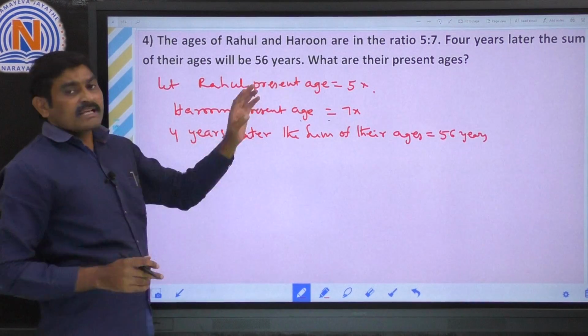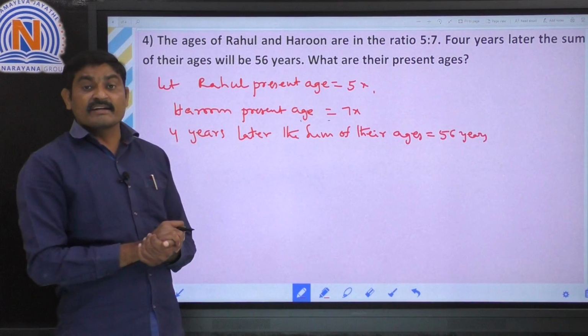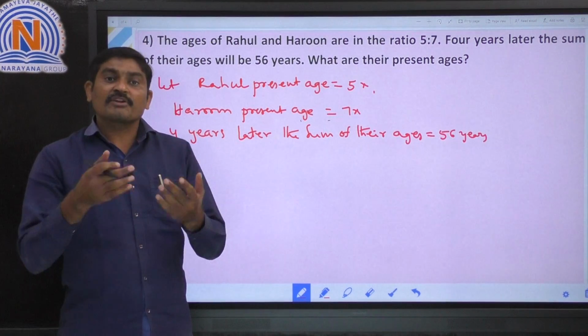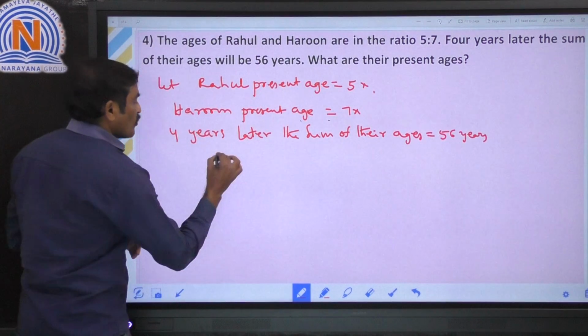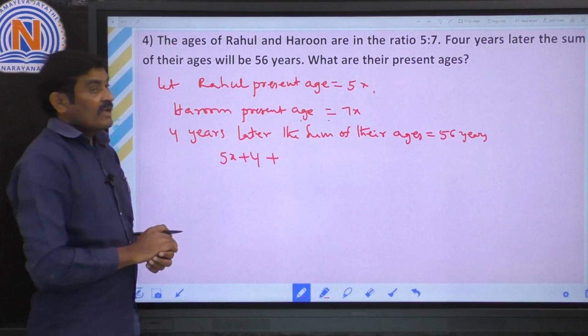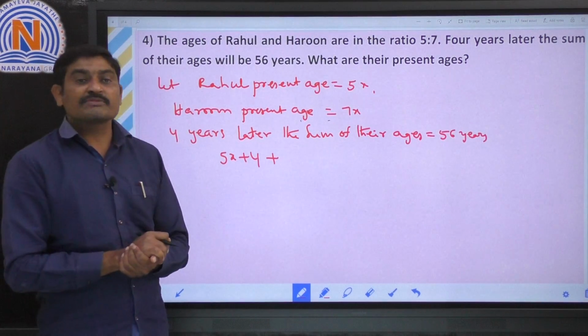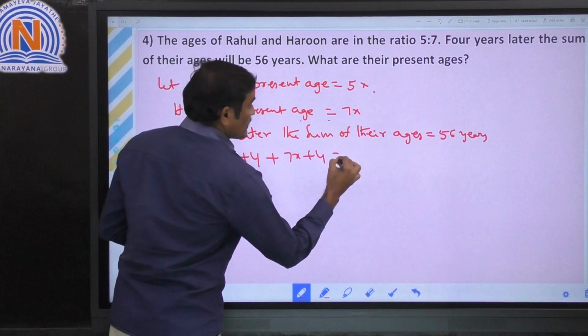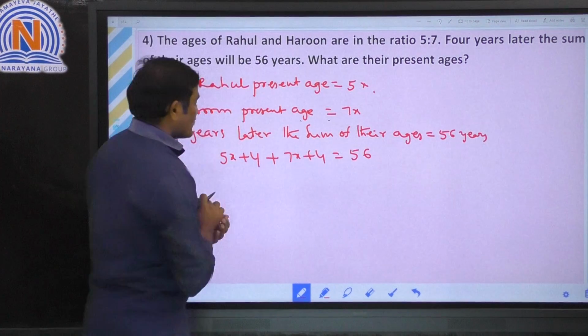So present age of Rahul is 5x years. 4 years later means after 4 years. So after 4 years means 5x plus 4. And 4 years later Harun's age will be 7x plus 4. So (5x plus 4) plus (7x plus 4) is equal to 56 years.